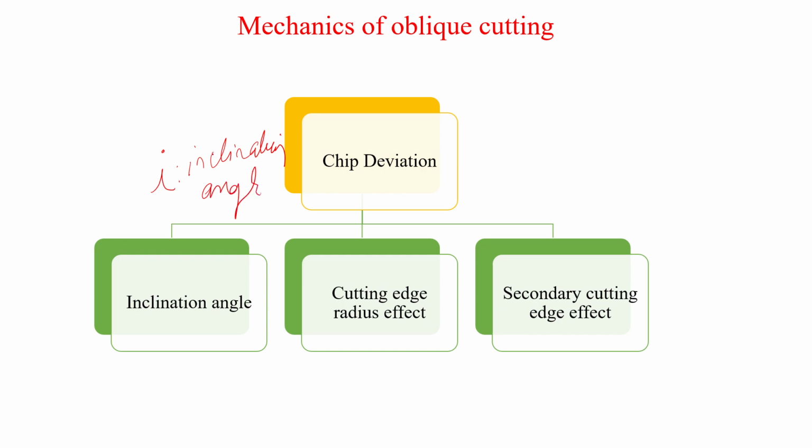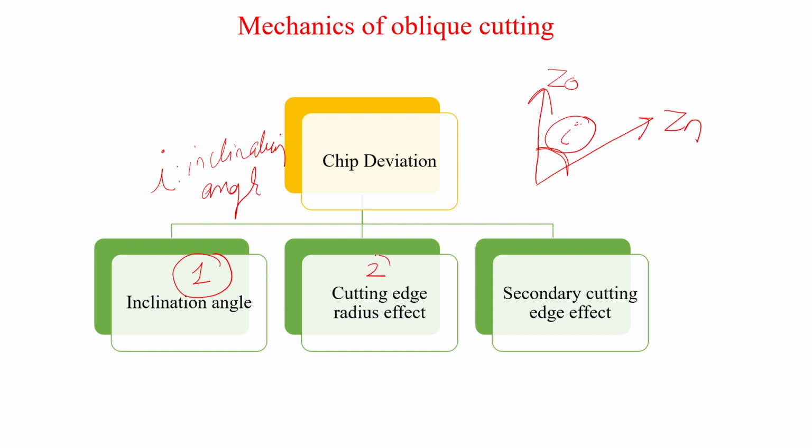So because of this I, if the chip has to flow in this plane, ZO, which is the orthogonal plane, it does not flow in ZO, it flows in ZN, which is the normal plane. So the angle by which it deviates from the orthogonal plane to the normal plane is called the inclination angle in a simple sense. So one of the reasons for the chip deviation is the inclination angle, which we have already discussed. This is reason 1.